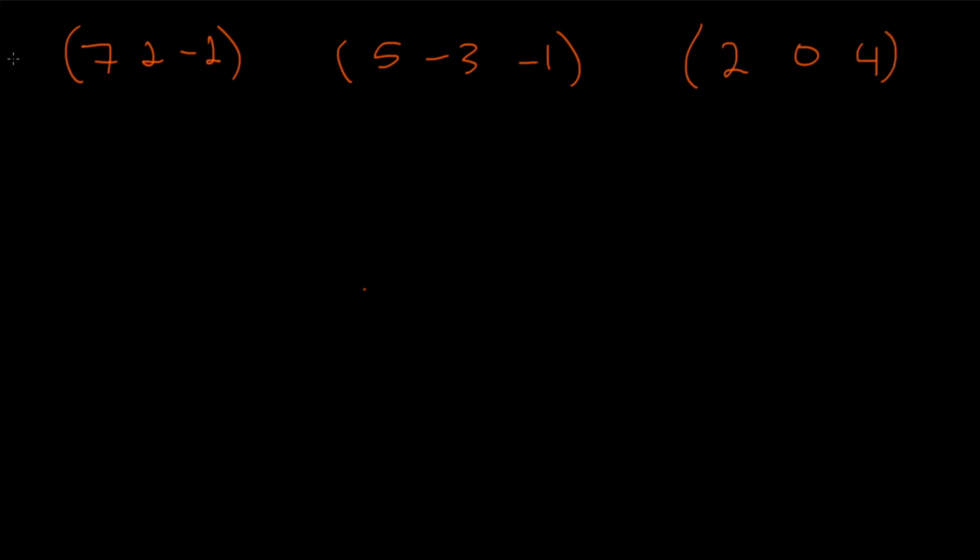If I have the points 7, 2, -2, 5, -3, -1, and 2, 0, 4, if I have these 3 points, let's call them A, B, and C. These 3 points describe a plane. How do I describe that plane? Well, I need to get to this plane somehow.